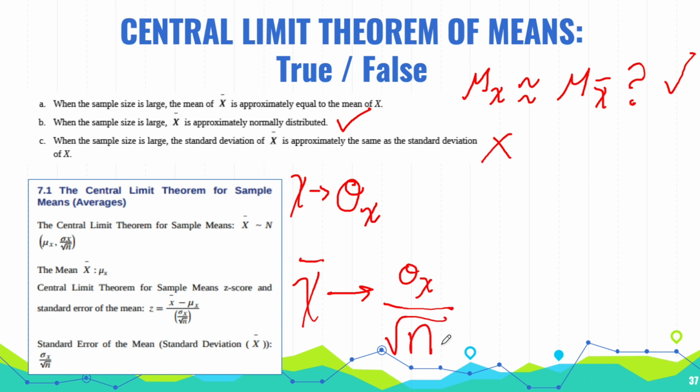And as the sample size gets larger and larger, this denominator will get larger and larger. So the standard deviation of the sampling distribution of means is actually smaller than the standard deviation of the original distribution. And as the sample size gets larger and larger, the standard deviation of the sampling distribution will get smaller and smaller.